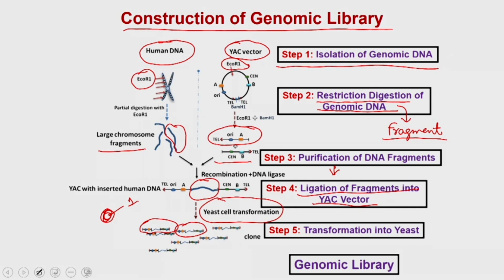And these colonies or clones can be considered to represent the whole genome, and that is why this technique is called the genomic library, which is exactly the same as the library which is present in our institute.